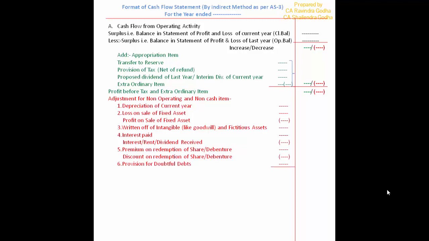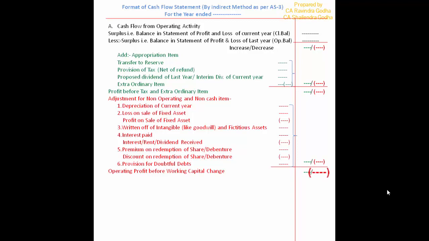Provision for doubtful debts may be adjusted here or in the next stage, working capital changes, and we write the total of all items in the outer column. It may be a positive or a negative value, and the final result will be operating profit before working capital change. It may be a positive or a negative value.